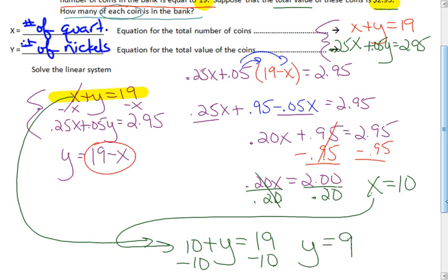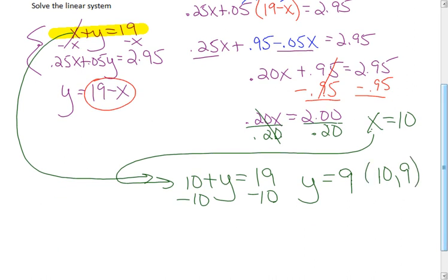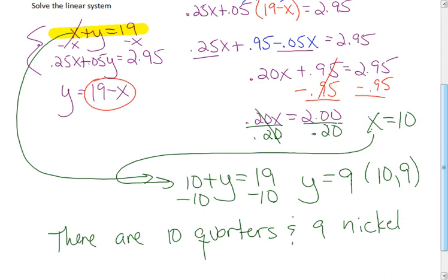Okay, now to answer the question, I said that x was my number of quarters and y was my number of nickels. So it's 10 comma 9 is the point. So there are 10 quarters and 9 nickels in the bank. This is the solution.